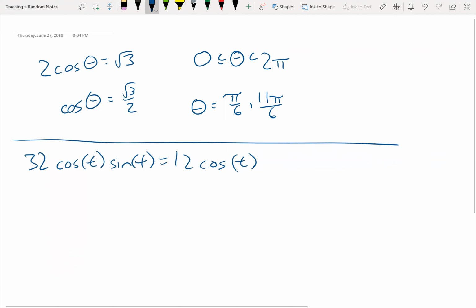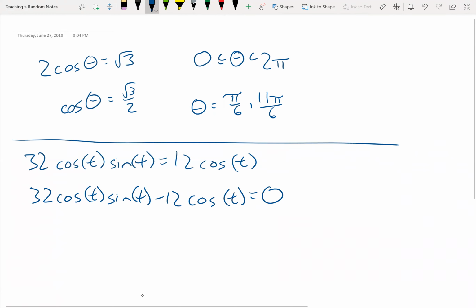I'm going to subtract 12 cosine t from both sides. So I'll have almost the same equation, just 32 cosine t sine t minus 12 cosine t equals 0. What I'm going to do now is factor this.